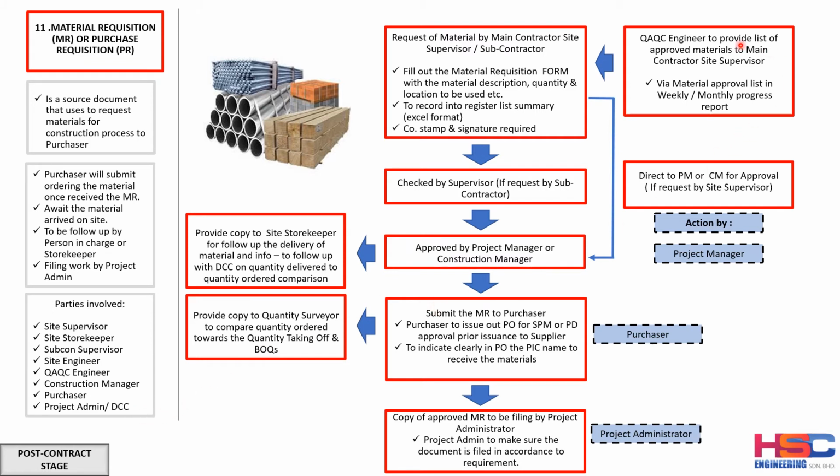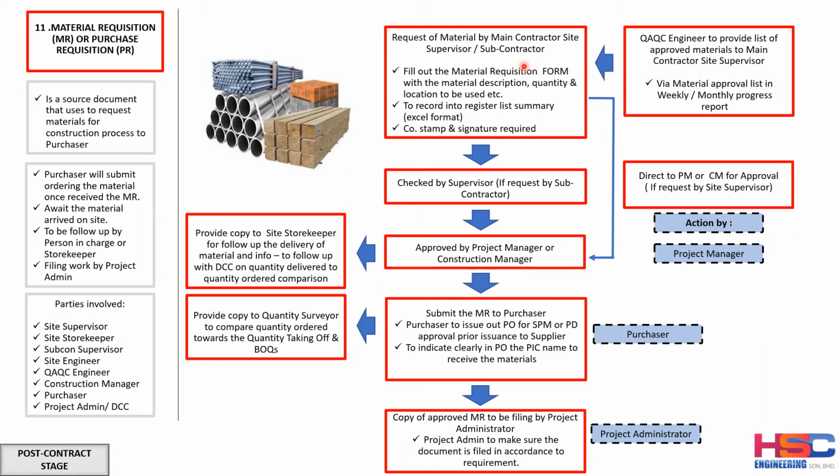First, the QA/QC engineer provides a list of approved material to the main contractor site supervisor. This is the material approval list. In the weekly or monthly progress report, there will be a list of what material has been approved to use in the project.